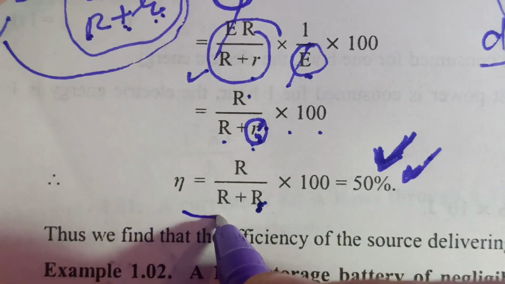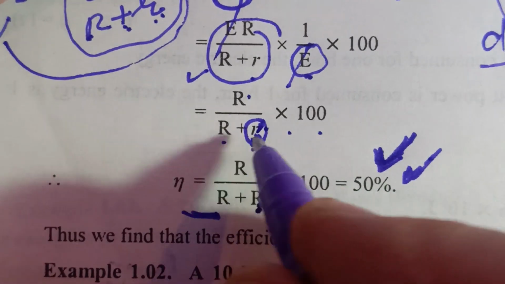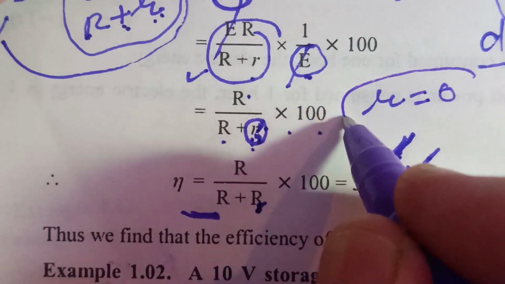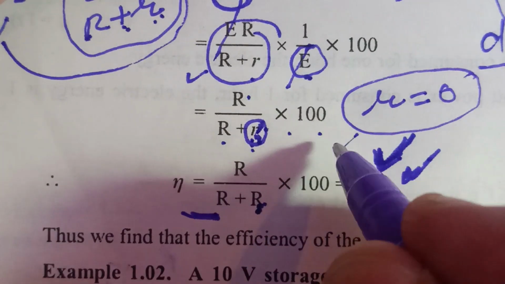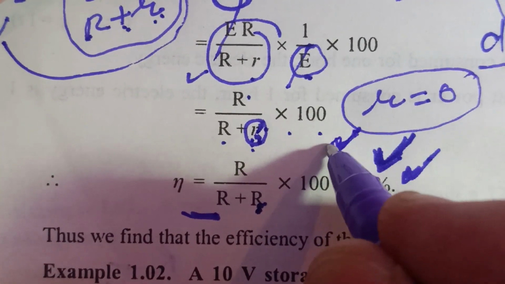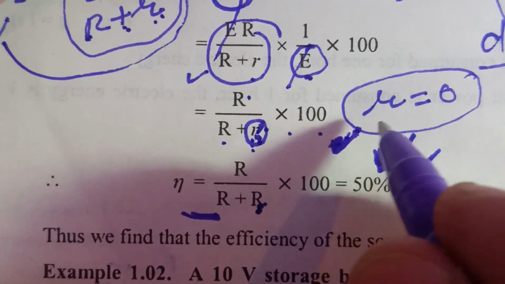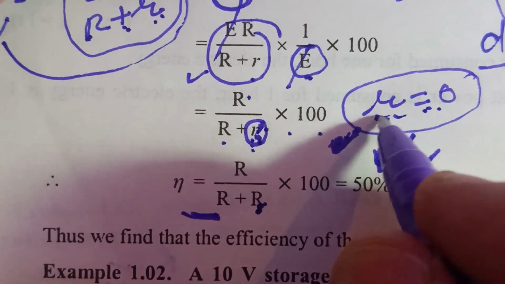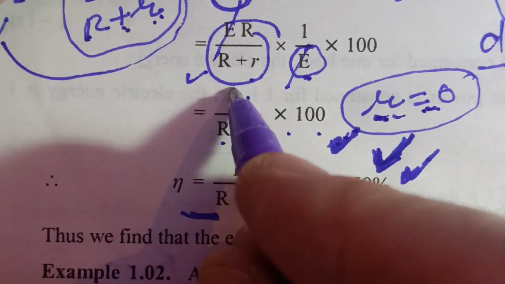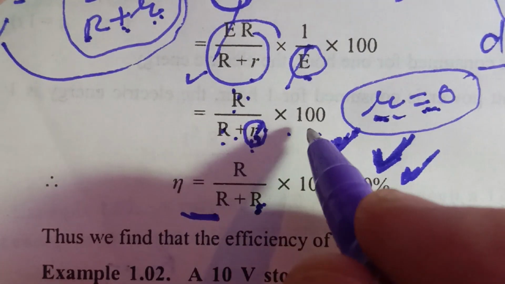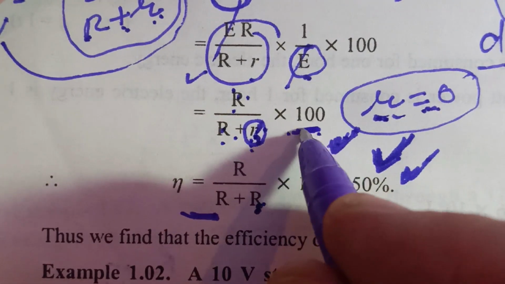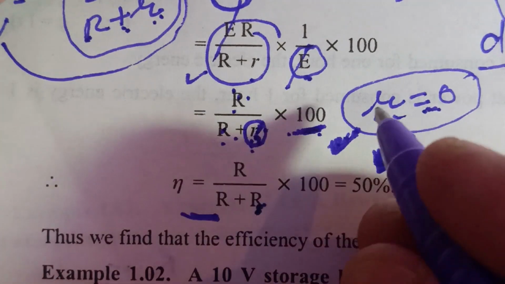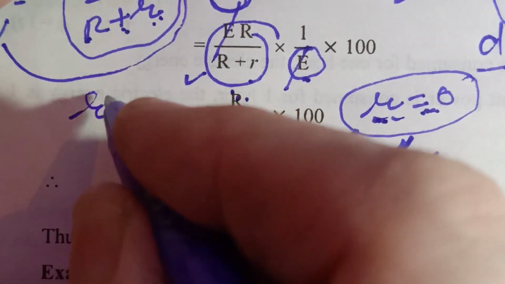Now the last, if your battery is not having any internal resistance, which is not possible, but you can suppose, there is no question, you suppose that r equals 0. If r equals 0, then R over R is 1, then efficiency is 100%. But it cannot happen, because every battery has some internal resistance.